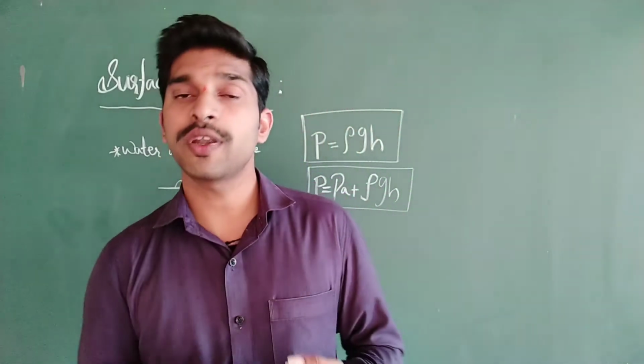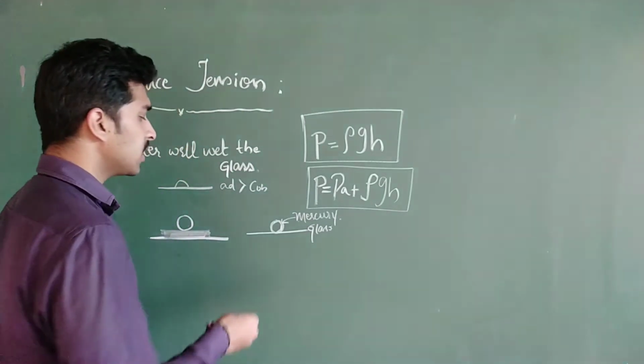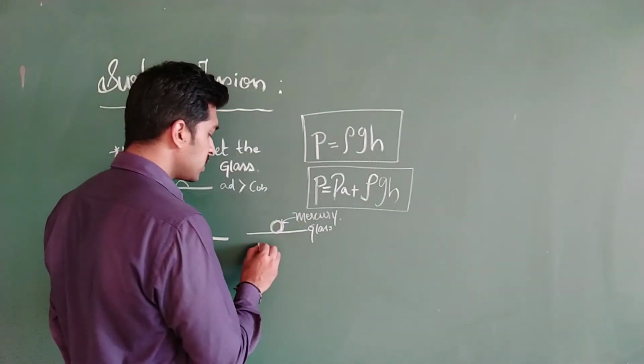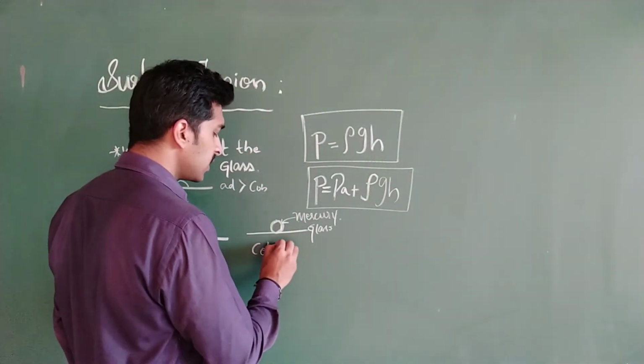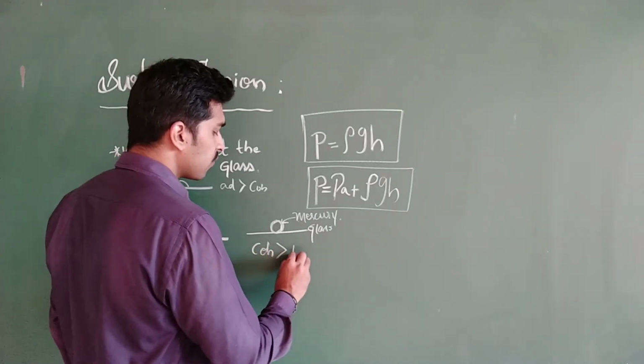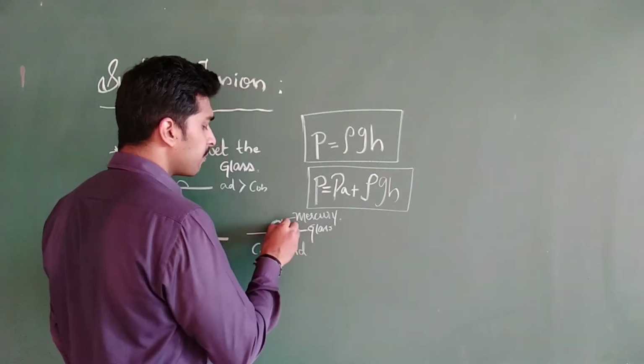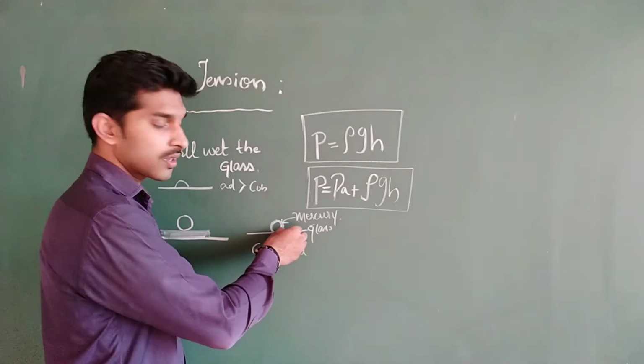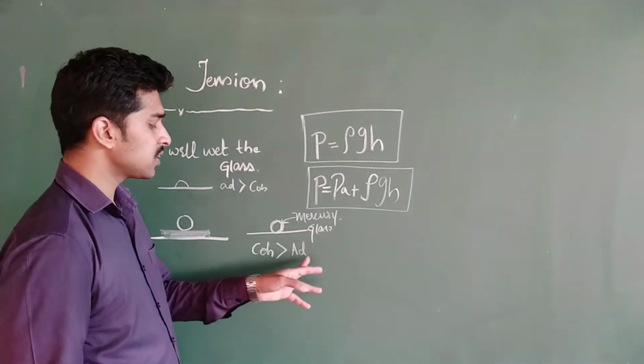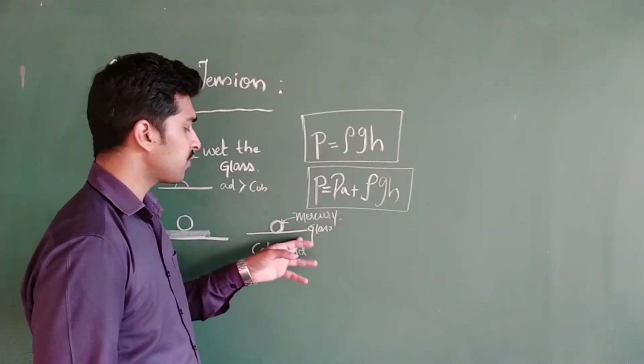Mercury is not wetting the glass means here the cohesive force is much greater than the force of adhesion between mercury and glass. Clear? So adhesion force is nothing but the force present between two different molecules.